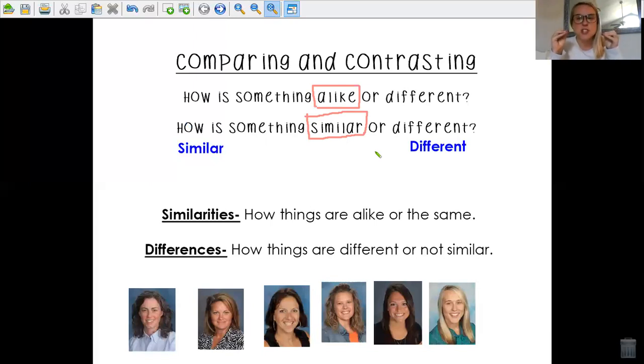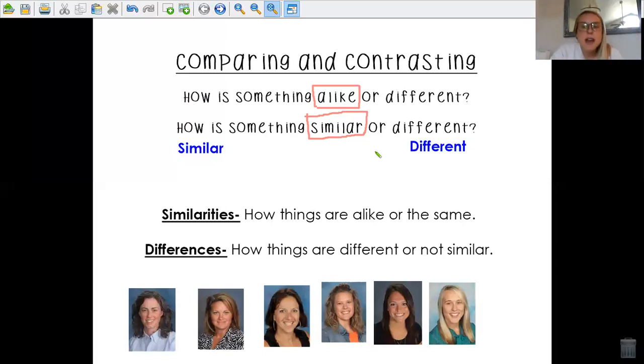In my class, we do gestures to teach things, and I would do alike and similar like this. They come together because that means the same thing, okay? So how is something similar? And then our gesture for different is this. How is something different? Because it means they're opposites. So alike is in the middle, they're the same. Different is the outside, the opposite.